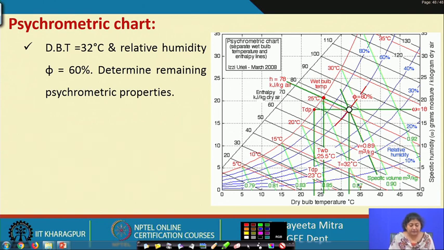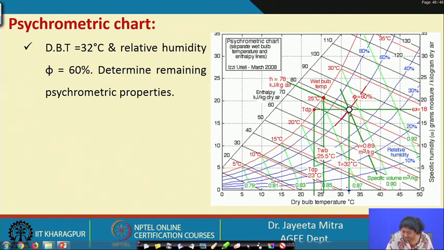Determine the remaining psychrometric properties. So, on the dry bulb temperature line, that is this ordinate, we can first find the 32 degree temperature. So, this is here, 32 degree temperature, and then we go to 60% RH.